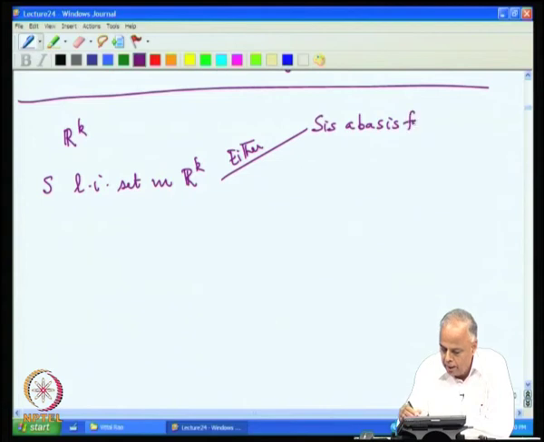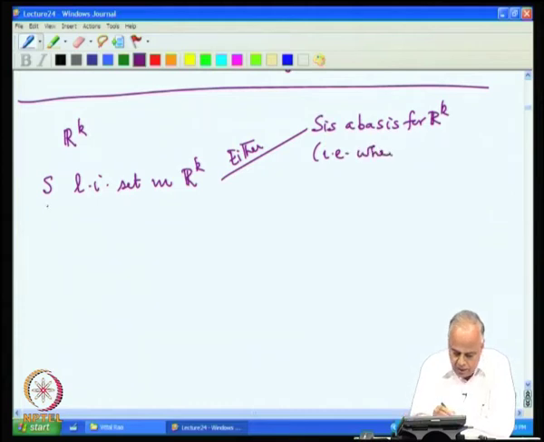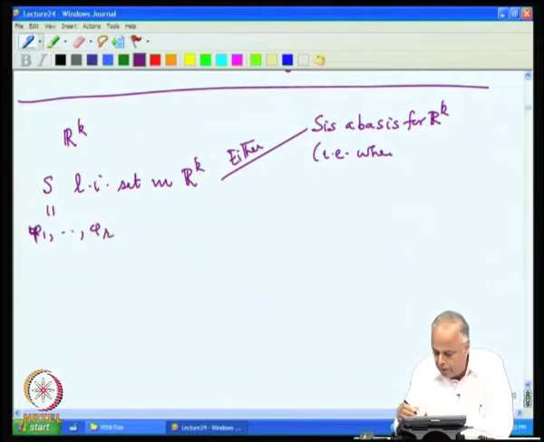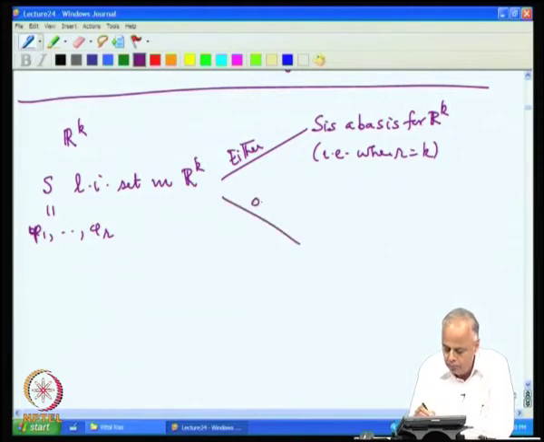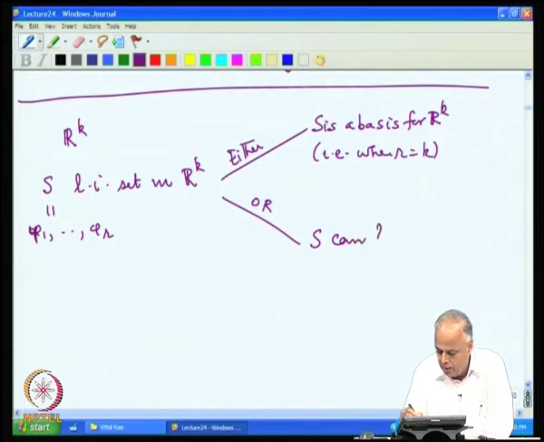for R k, and when can this happen? That is when, let us say S is the set phi 1, phi 2, phi r. This will happen when r equals k, or S can be extended to a basis for R k.